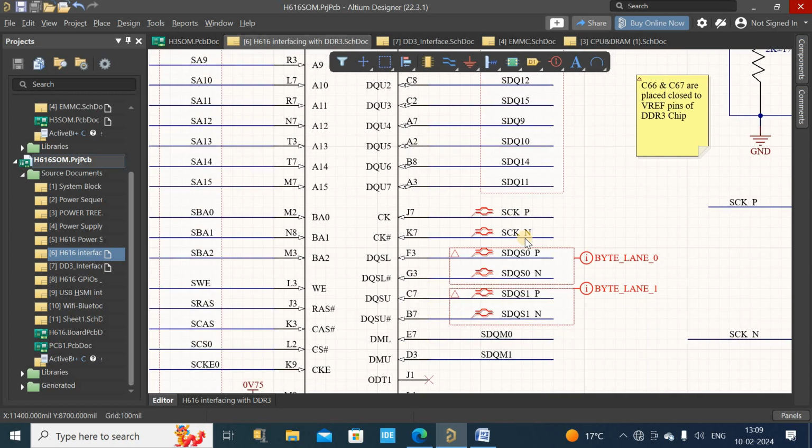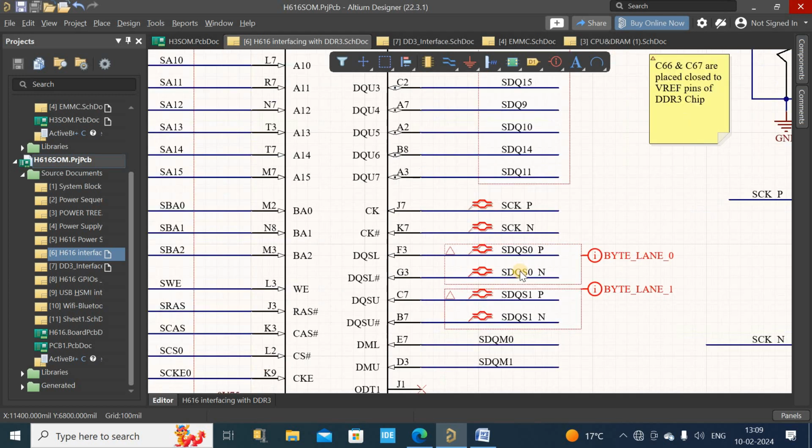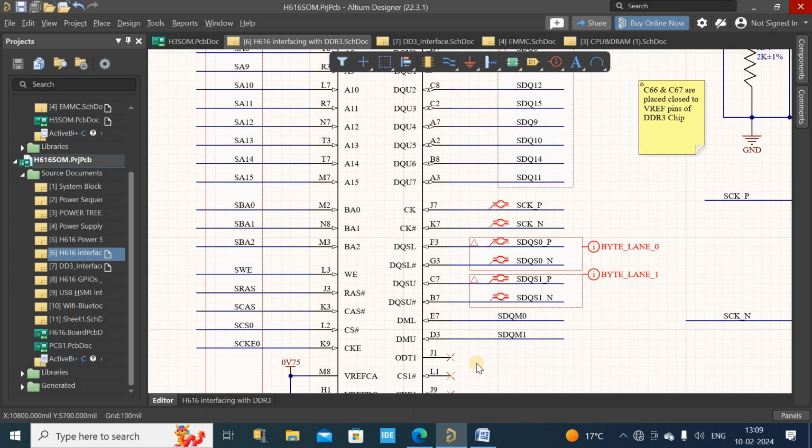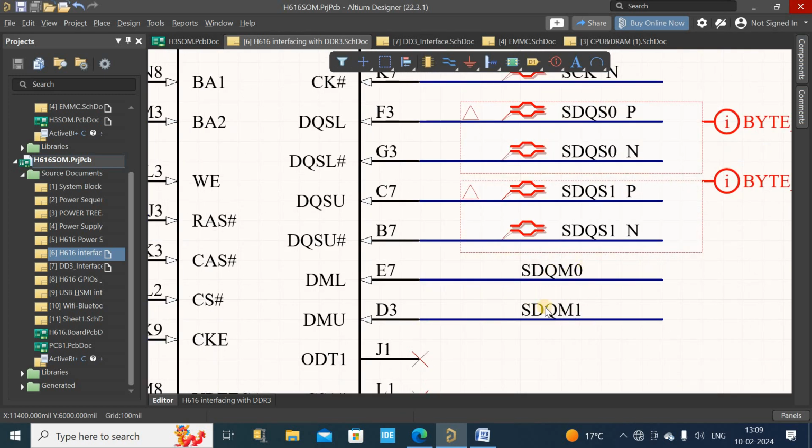These are the differential clock signals and then the data strobe signals, and these are important data mask signals. If I have to swap the bytes, then the data mask for the lower byte comes down here, and data mask 1, for the upper byte, would come up over here.